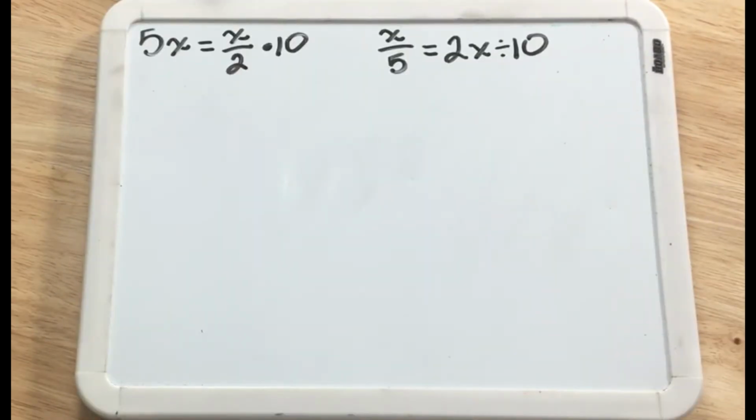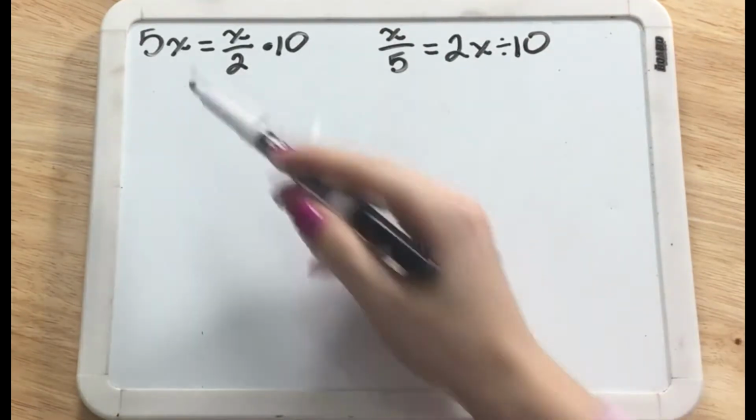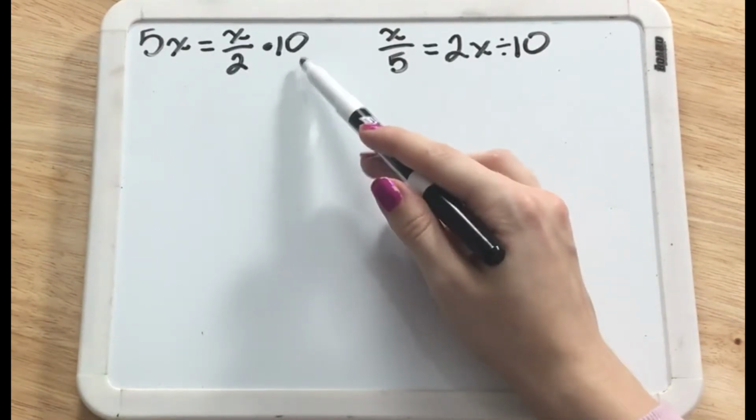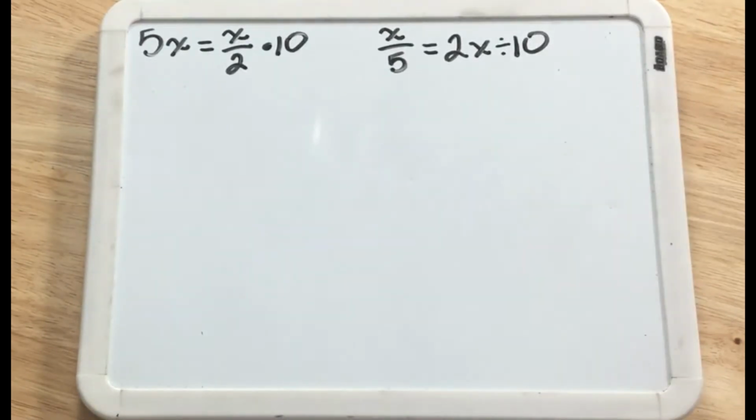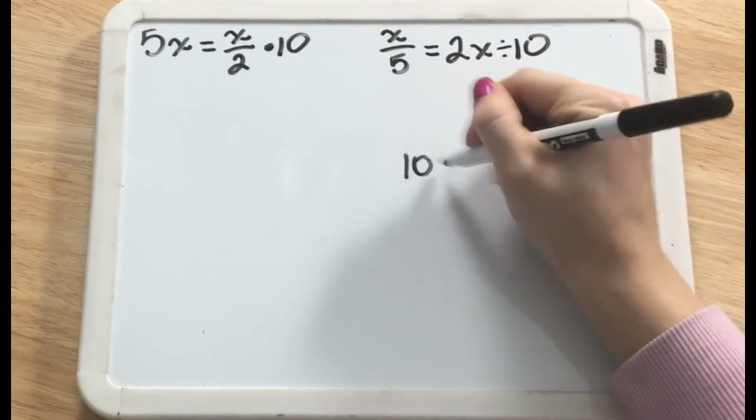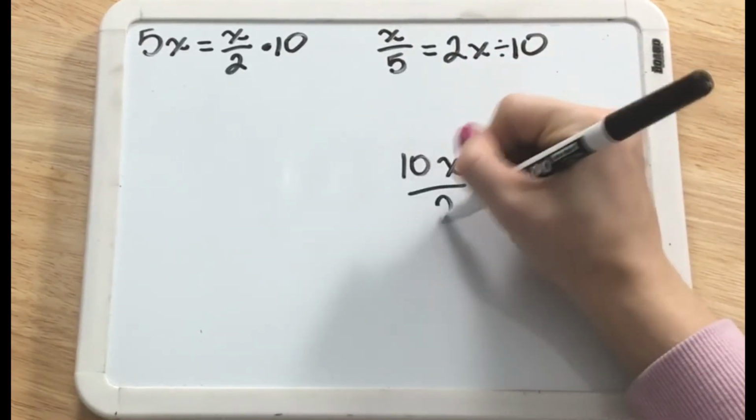Now I'm going to tell you a good way to remember what needs to be done for each one. If you don't have the formula in front of you, multiplying by 5 means you are multiplying by 10, but dividing by 2. If I put this into a different type of fraction, I can do 10 times your number, all divided by 2.